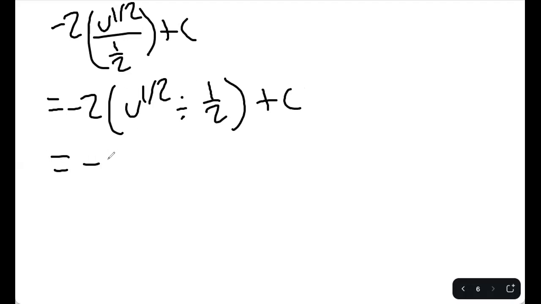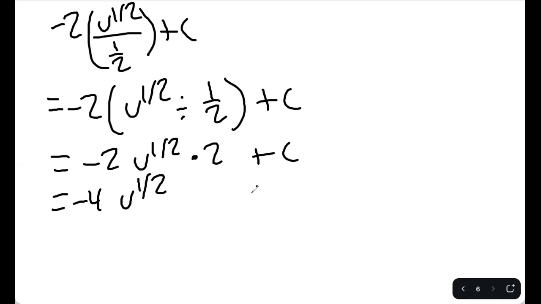Yeah, exactly. So I could literally say times 2. Then it'd just be -4 u to the half plus c. Of course, if you wanted to, you could write it as a square root, whatever, it doesn't matter.